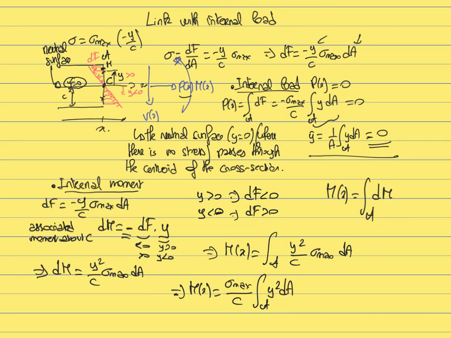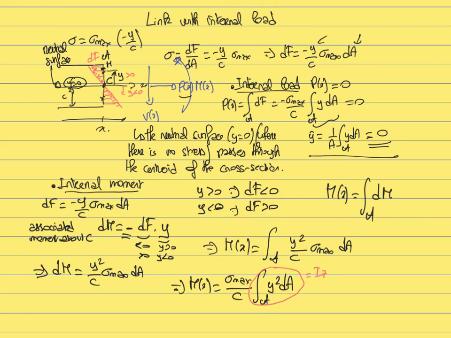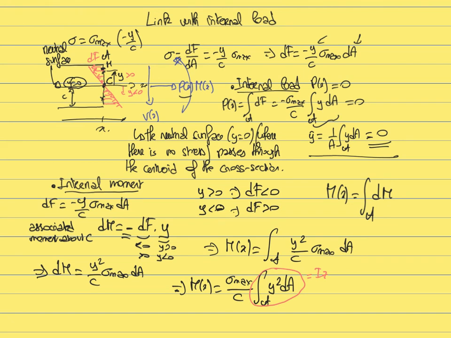So here, if we look at this expression, we now have the integral of y squared dA, which is what we defined in the previous video as the moment of inertia about z. This is the expression of the moment of inertia about z. So now we have a way to calculate the maximum normal stress.